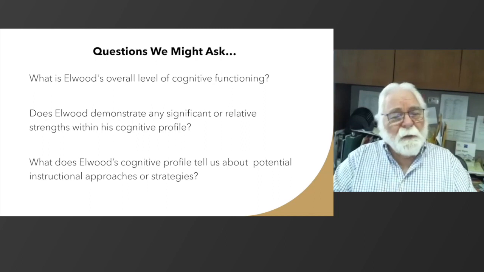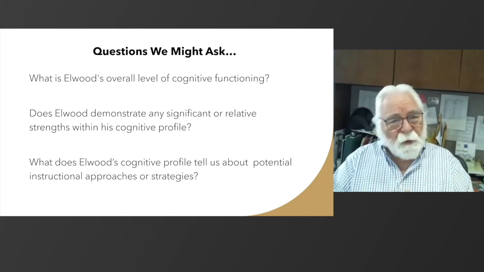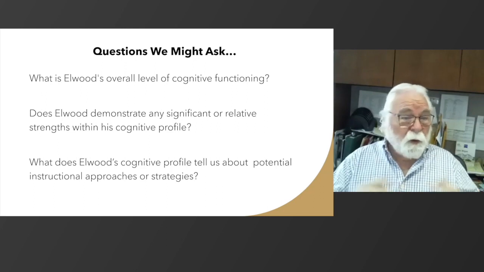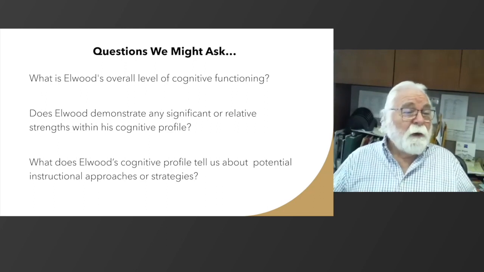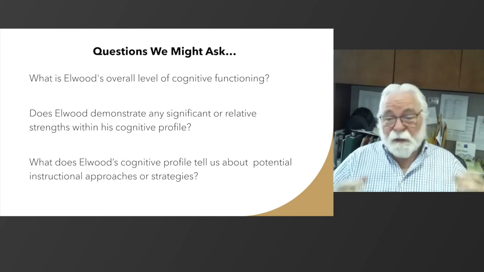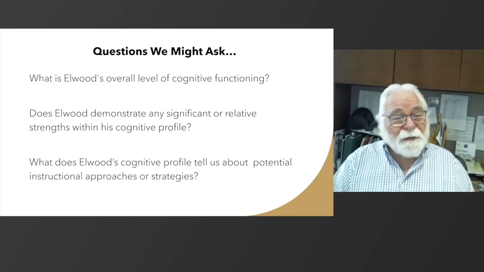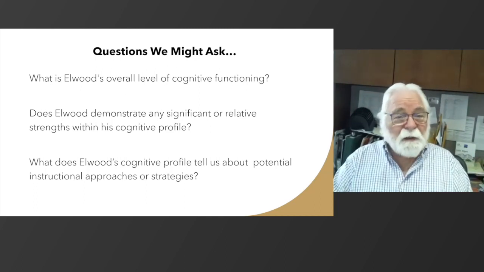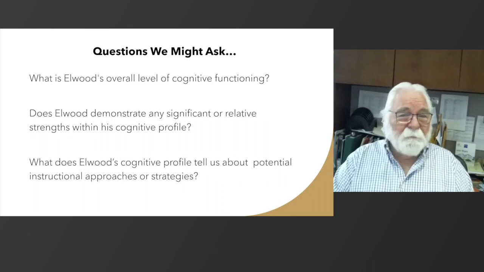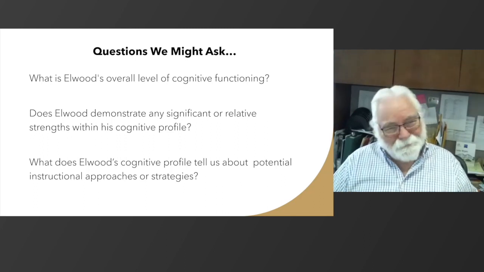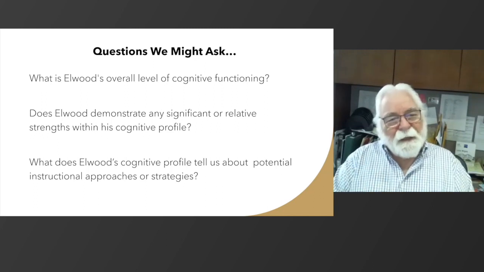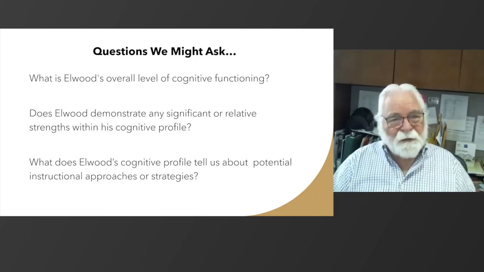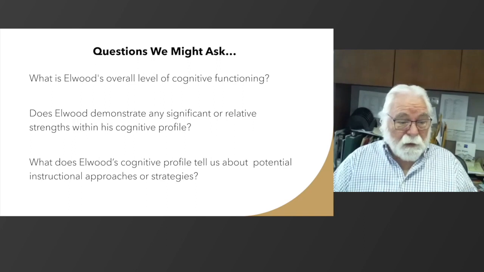Here are some questions that we might ask during the eval plan meeting that we want to then transmit to whoever's doing the work. What is Elwood's overall level of cognitive function? Now, we may not be able to get that, but I think it's always good to put that out there. However, we may decide that we can't administer an entire test and get a score.